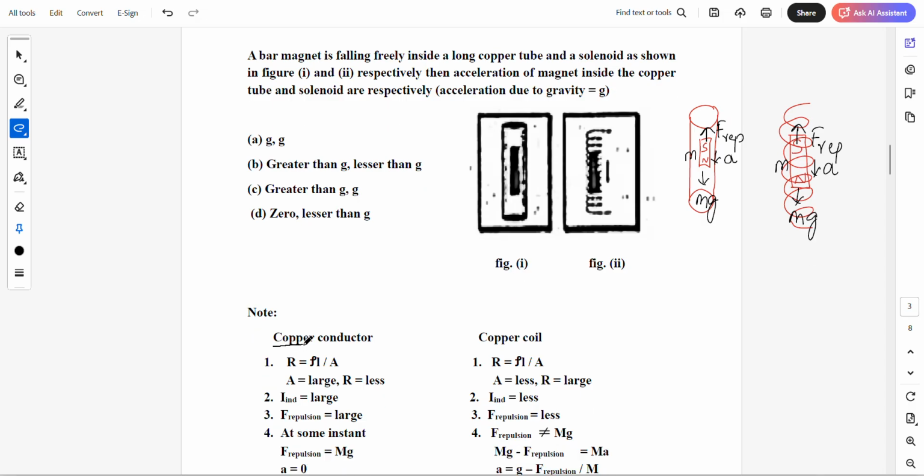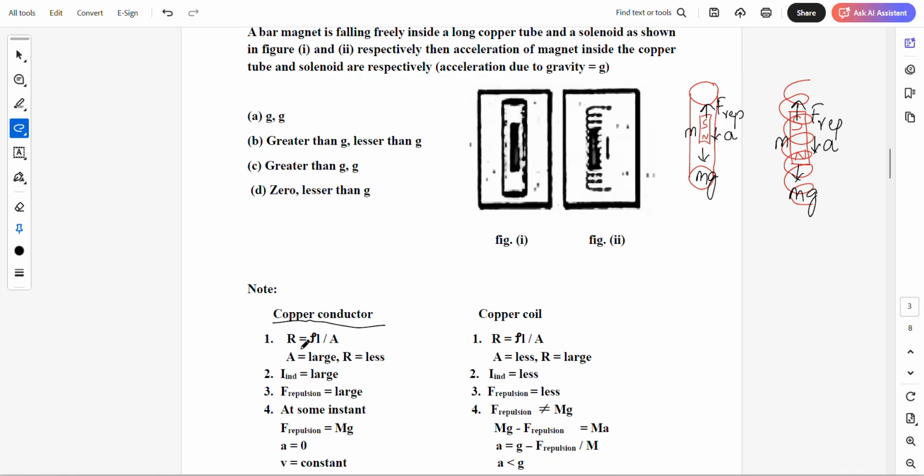For copper conductor, resistance is given by R is equal to rho L by A. Area is large in the case of this copper tube. And this is the solenoid, just a coil, copper coil.